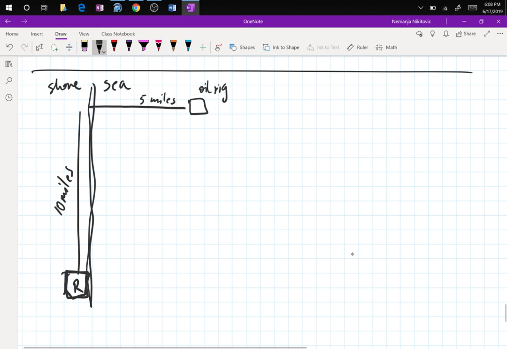So you build a pipeline. Now, the pipeline has different costs if you're building it above ground, underground, or underwater. So we are only going to build above ground for 10 miles and underwater for 5 miles.